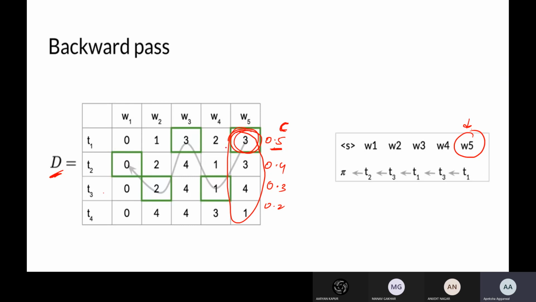So I go to T3 in the previous one, and I find 1 over here. Then it says you have to go to 1, so it goes over here. Column by column, we check where our word is appearing, word 5, as well as which one has the maximum probability out of the whole column. So this is the backward pass. This is how we retrieve the path that we follow while transitioning, while learning our sentence. The final probability is calculated by multiplying these values from the C matrix.